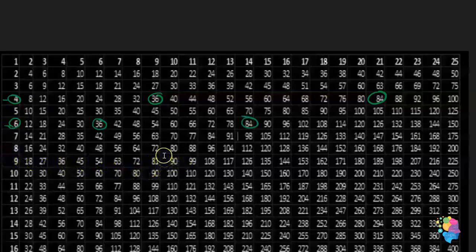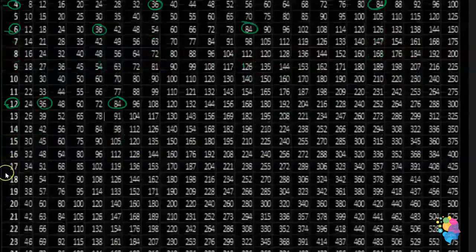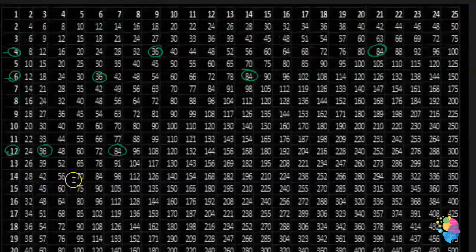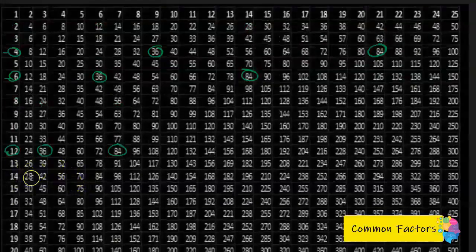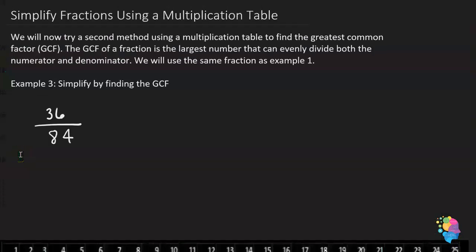The next time that I see both of them is at the 12. So if I look at the 12, I see that the 36 and the 84 is there. The last line where I see the 36 is down here at the 18, but I notice that 84 is not there. So that means that the factors for 36 and 84 are 4, 6, and 12. Let's write that down. So the factors for 36 and 84 are 4, 6, and 12.